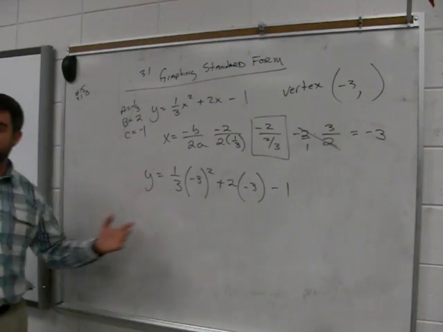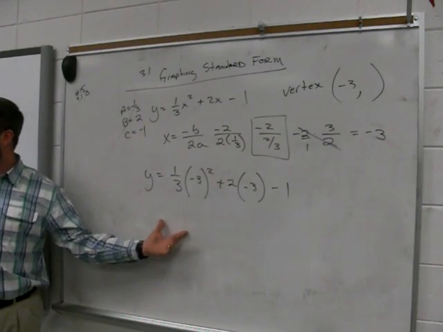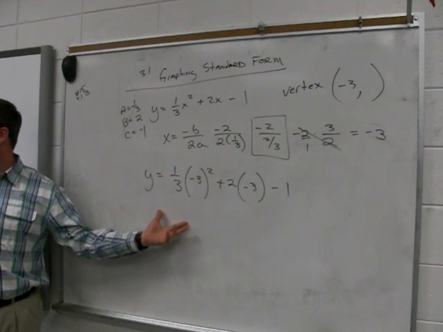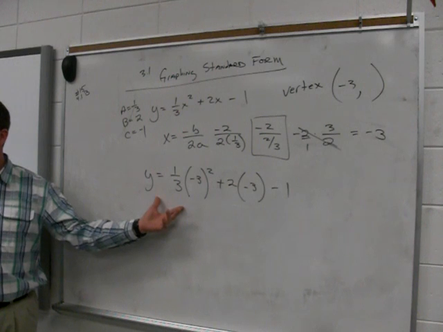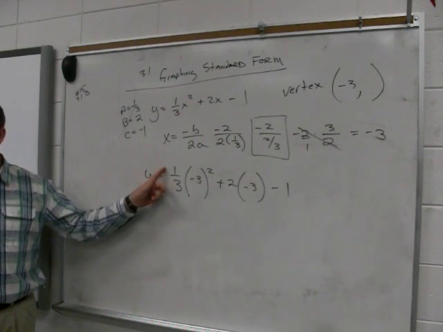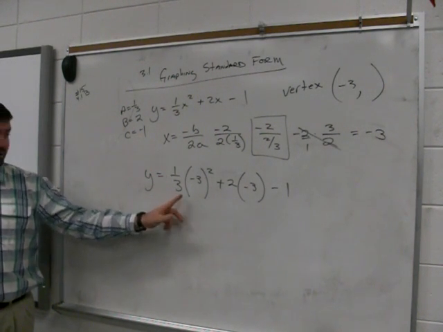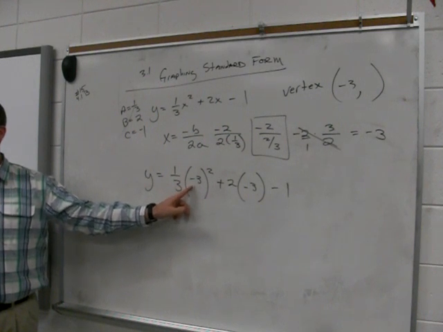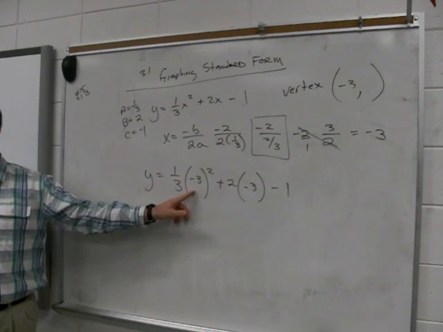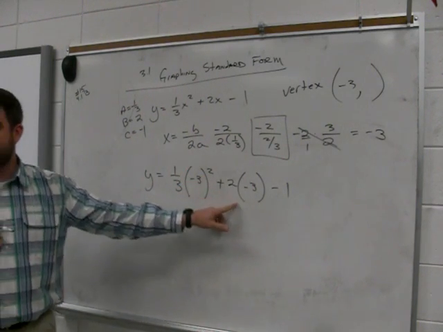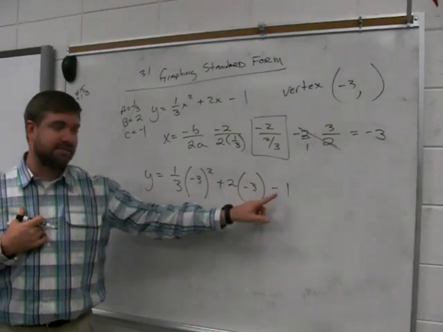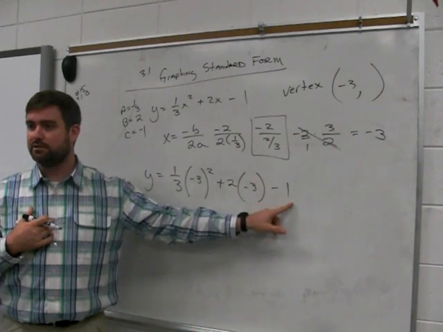If you're super duper and you want to try that by hand, great. I'm not. If I'm doing this problem right now on my desk, I'm going to grab a calculator and type it in. Okay, everybody practice. Get your calculator out and practice. 1, ABC 3, parentheses, -3. Make sure you use the negative, not the minus. Parentheses, squared, plus 2, parentheses, -3, parentheses, minus 1.